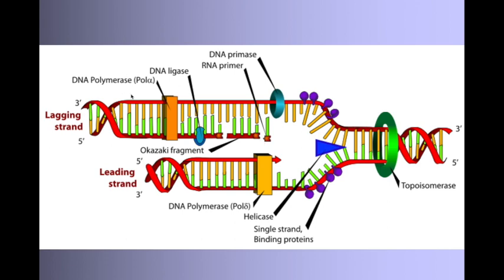DNA polymerase 3, or polymerase alpha in this case, comes and elongates and continuously adds those nucleotides in the direction of the replication fork for the leading strand and opposite direction for the lagging strand. That final step is the replacement of those primers with DNA using DNA polymerase 1, and then ligase comes and seals that gap.